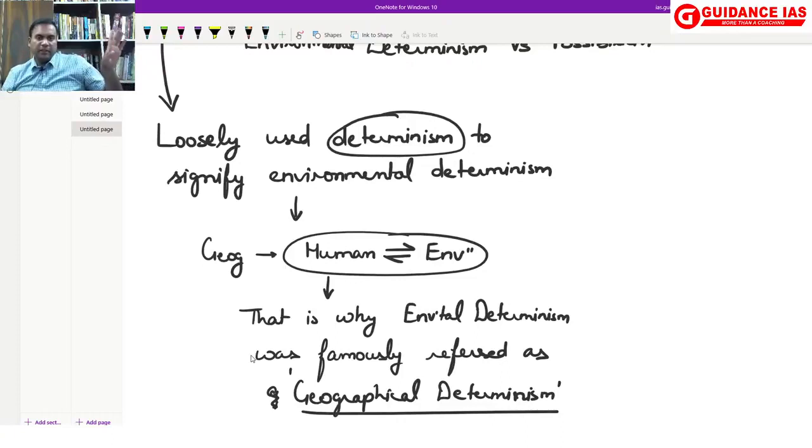Okay? Is this much understood? So ideally books, writers, geographers should have been using the term geographical determinism or environmental determinism. But determinism became so associated with environmental determinism in geography, or this geographical determinism, that they forgot to use the full term.